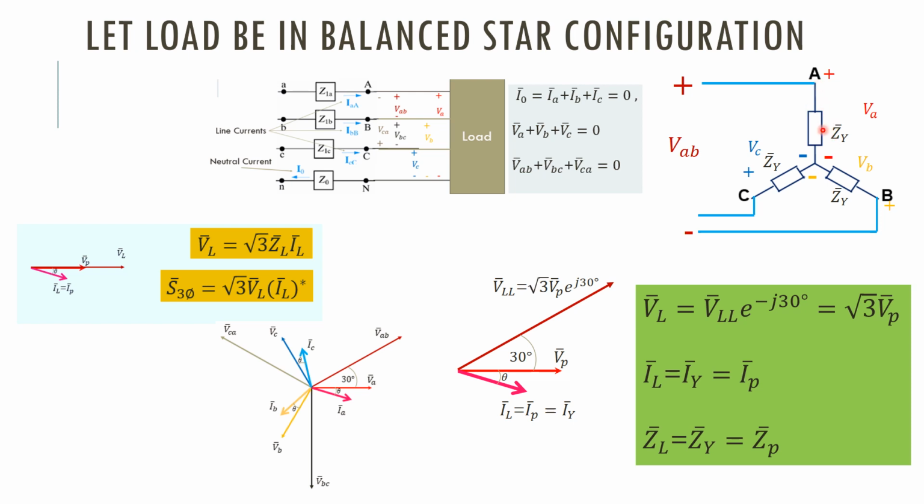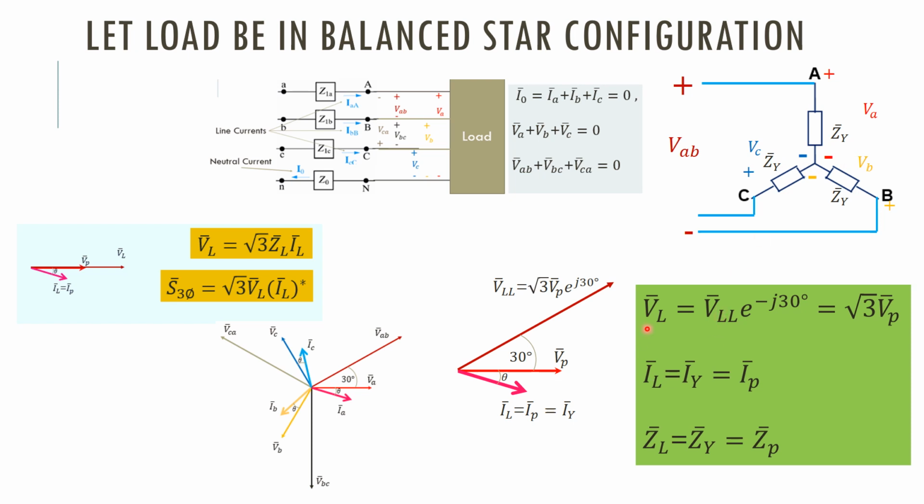That means it is a balanced star connected load, and each arm has an impedance. So we will see the line voltages and the phase voltages, as well as the line current and the phase current, line impedance and phase impedance inside the load, right?